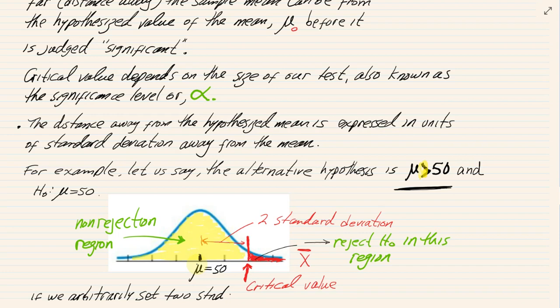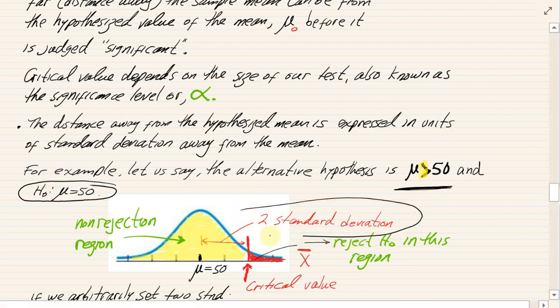Same thing with our data. We assume the null is true. Remember, the null is this: we assume mu is 50. And I'm going to set my cutoff at 2 standard deviations. See right here? I decided on that. That's why this 2 standard deviation depends on the researcher. There's the hypothesized mean, and my cutoff is 2 deviations.